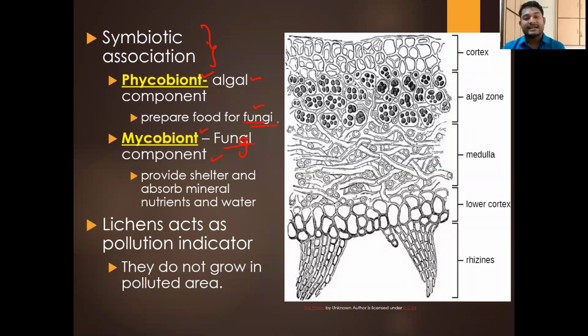You remember, the fungi are heterotrophs. They do not have chlorophyll. So the phycobiont, or the algae, prepares the food. The mycobiont, or the fungi, what do they do? They provide shelter, they provide the house, and they also absorb the minerals, nutrition, and the water and provide it to the phycobiont so that it can prepare the food and give it back to the fungi.